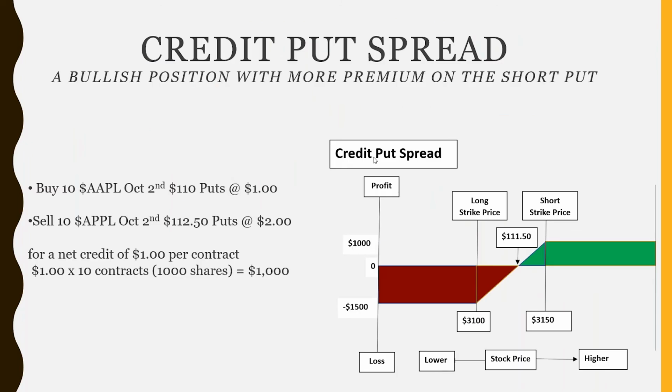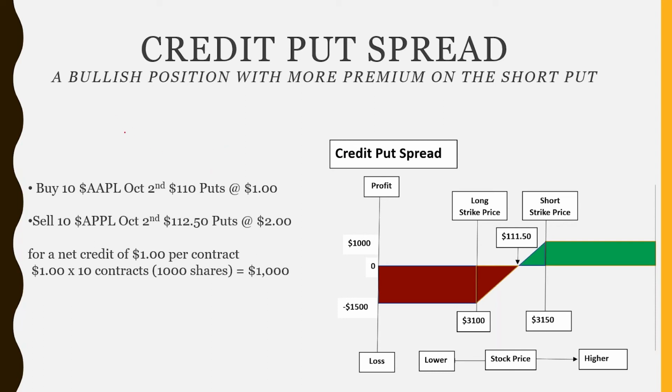Okay. So this is an example of the credit put spread. Let's say we see that Apple is going up or starting to bounce at the support level, and we are bullish on Apple.